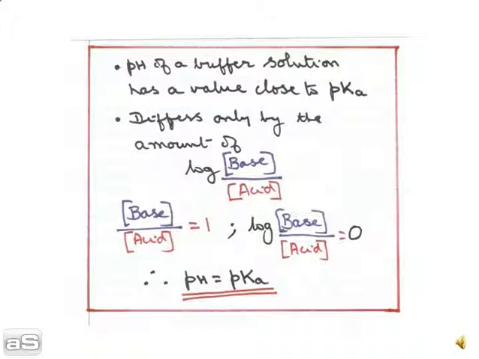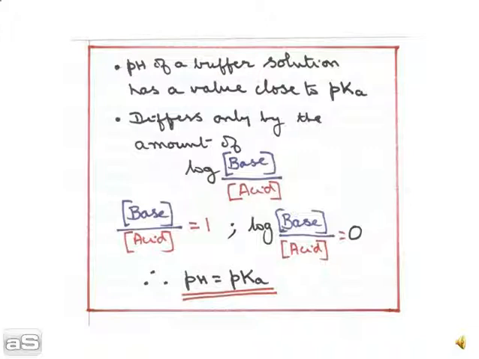Say base is 0.1 molar, then acid also is 0.1 molar. Then that ratio will be unity. Whenever base to acid concentration is unity, the log of base to acid concentration will be 0, because the log of 1 is 0. So, the equation reduces to pH is equal to pKa.